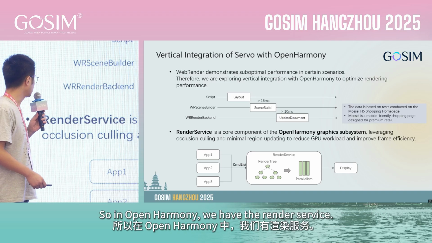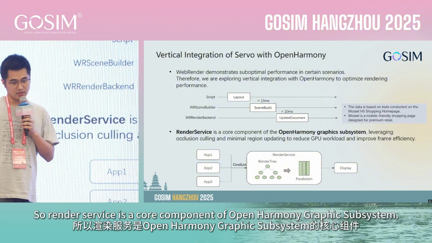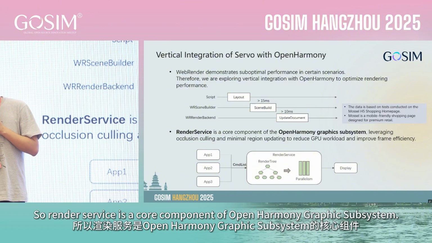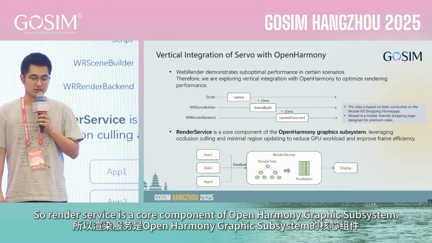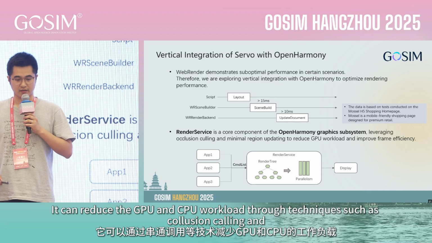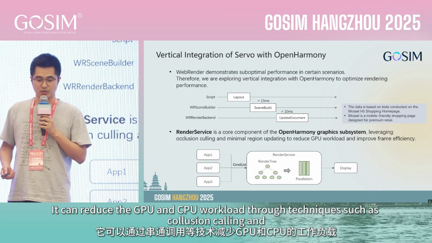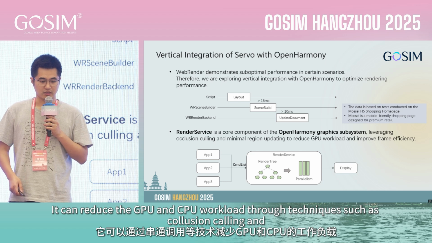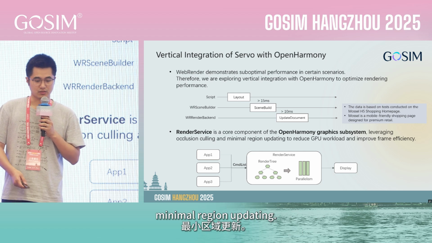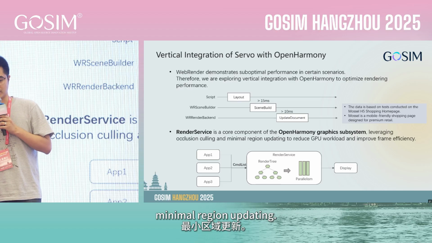In OpenHarmony, we have the render service. The render service is the core component of the OpenHarmony graphic subsystem. It can reduce the GPU and CPU workload through techniques such as culling and minimal region updating.